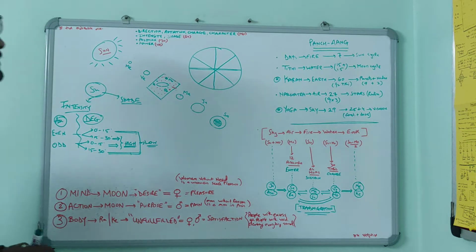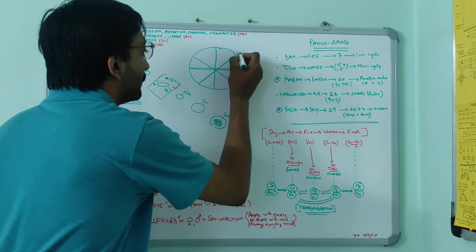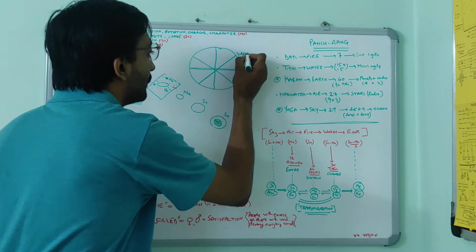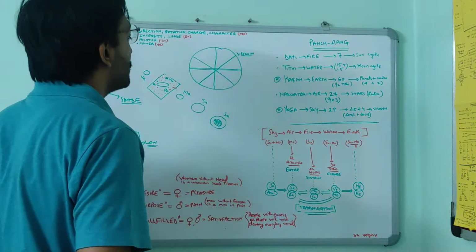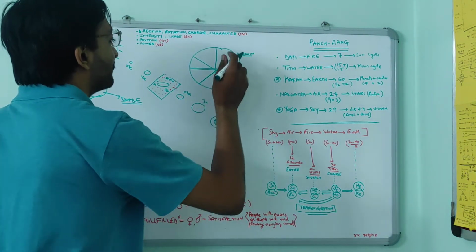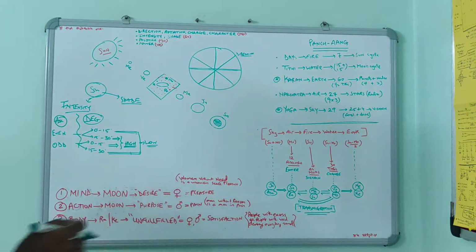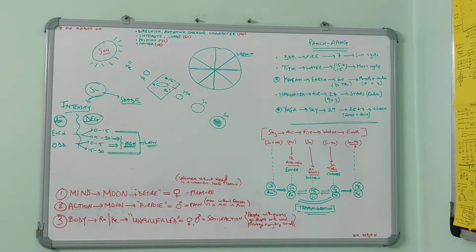The first characteristic was direction. The second characteristic was... where is direction? I forgot to make a compass. We have to make a compass to understand this first of all.